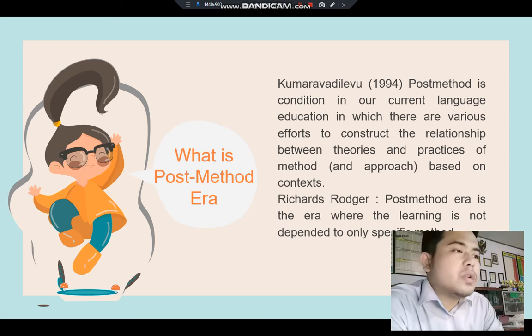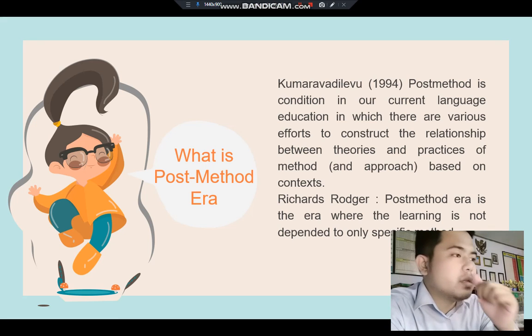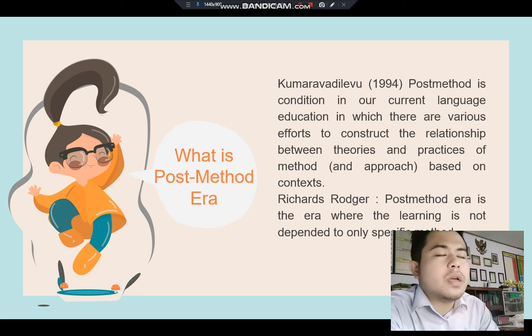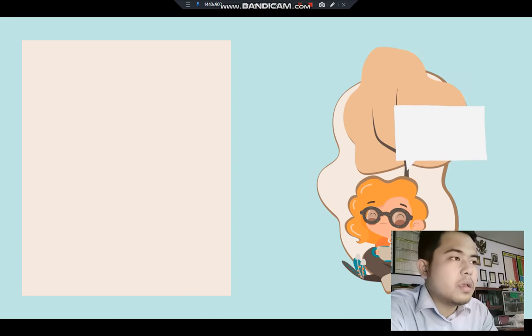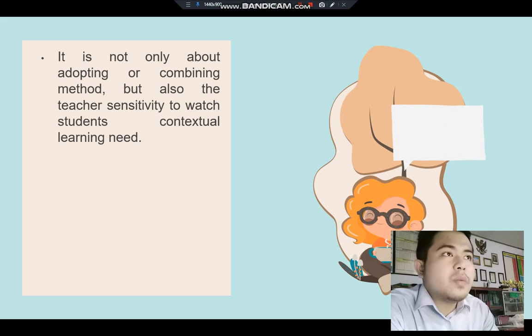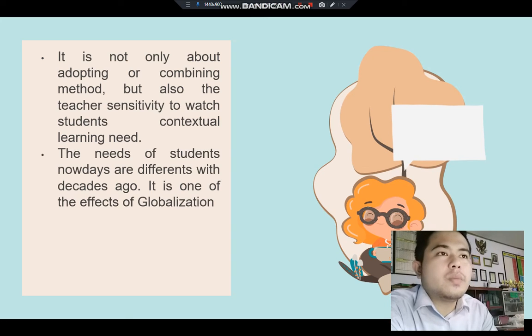And also based on Richards and Rodgers, the post-method era is the era where learning now does not depend only on specific methods. It's not only the method as the focus, or only one method as the focus, but it can be various. So there are several points. The first is not only about adopting or combining the methods that have been there before, but about the sensitivity of the teacher towards the needs of the learner.